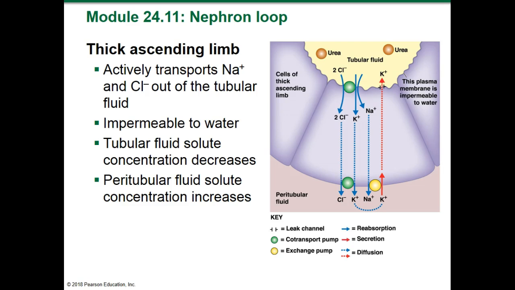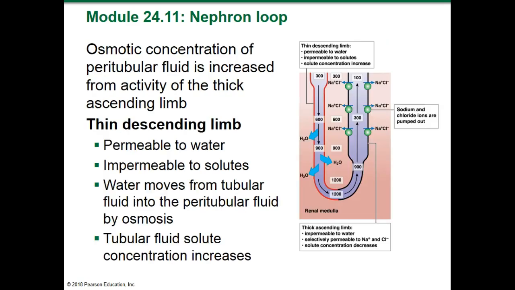Because you see all the chloride, potassium, and sodium here. So we decrease concentration here, we increase it here. So the osmotic concentration of the peritubular fluid out here is increased from the activity of the thick ascending limb. Peritubular, they're calling that peritubular, okay.